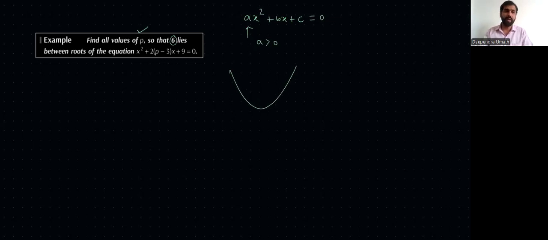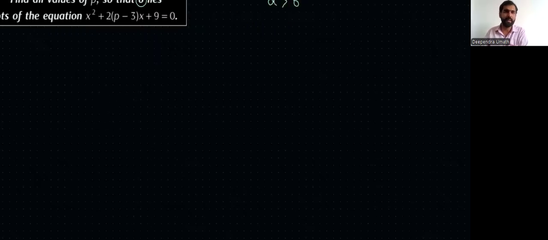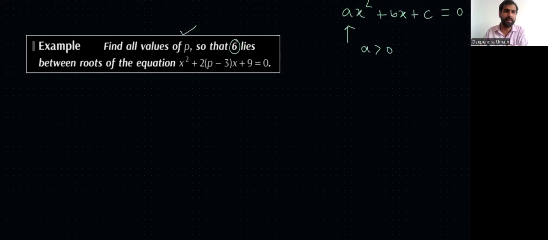In this equation, the coefficient of x square is 1. I hope you can see this 1 over here, the 1 times x square. So this means it is going to be an upward facing parabola.